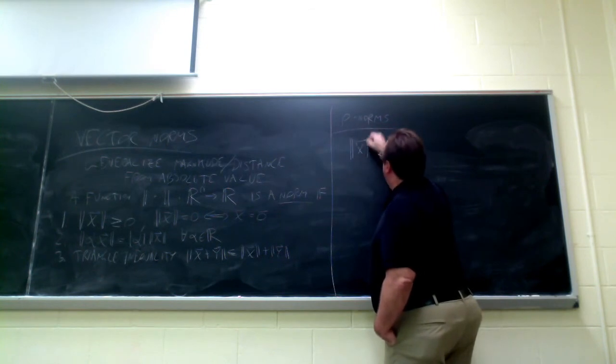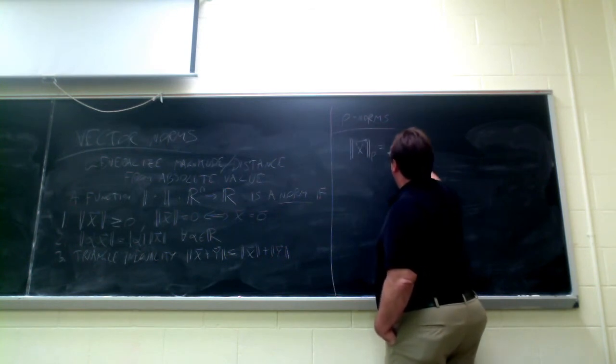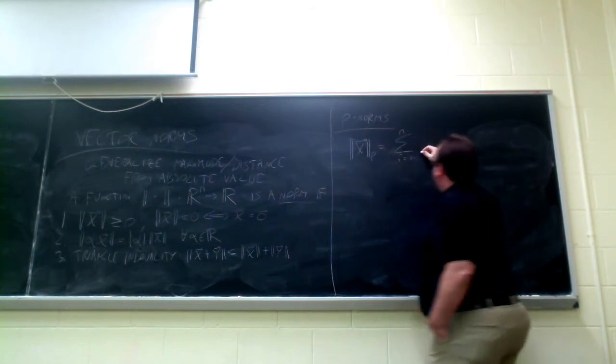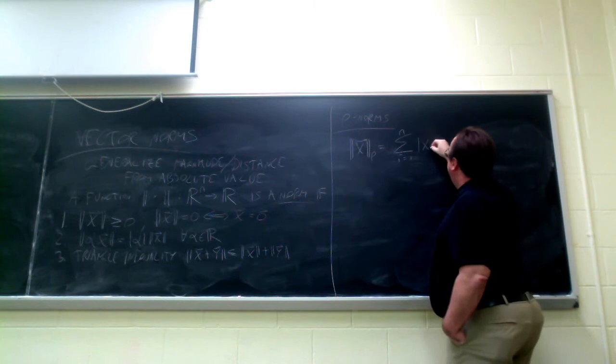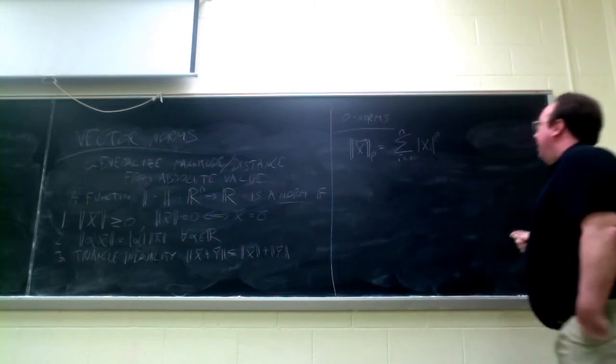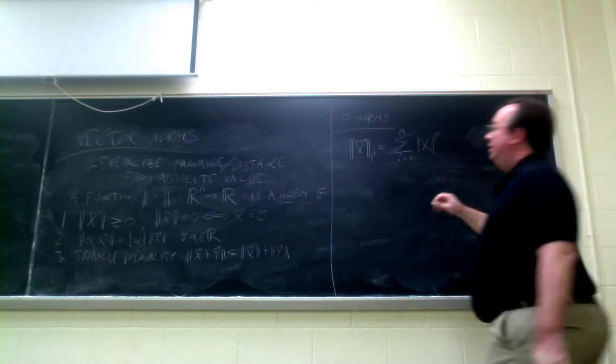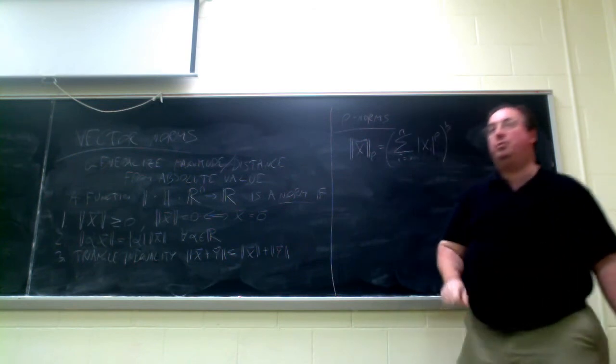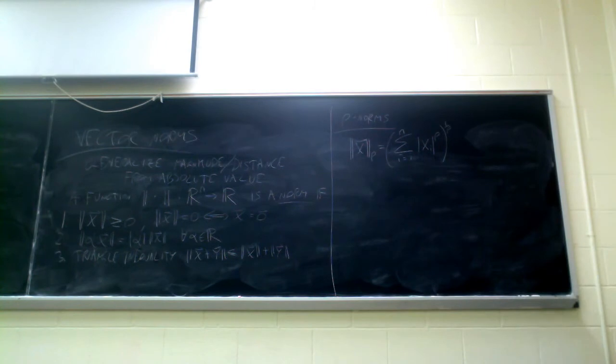The p-norm of a vector x is: you take the absolute value, or complex modulus as it were, of each of the components, raise it to the p power, sum them all up, and then raise that to the 1 over p power. So for any number p, you can define it this way.